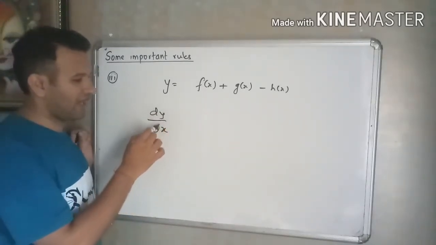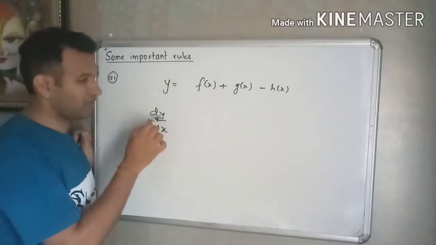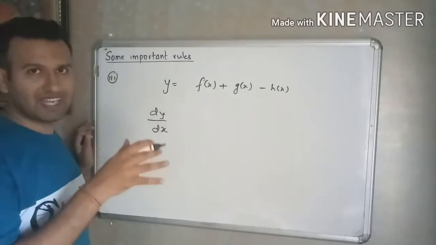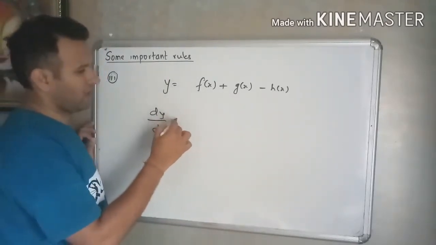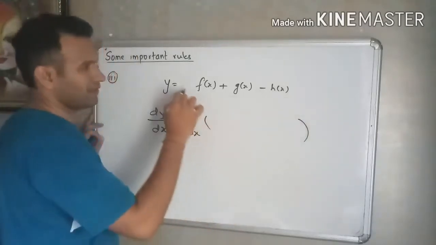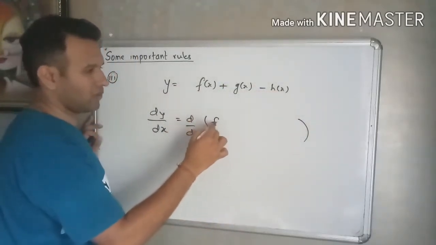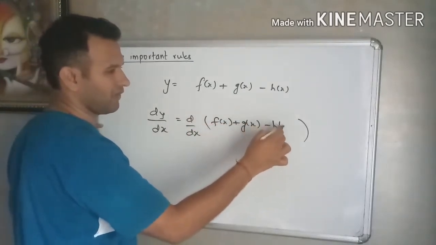What is the rate of change of y with respect to the change in x? Whenever there is a change in x, what is the change in y? For that the function has to be dependent on x. So dy by dx we have to find out in this case. d by dx is the operator and this thing is y, so you write it as f of x plus g of x minus h of x.